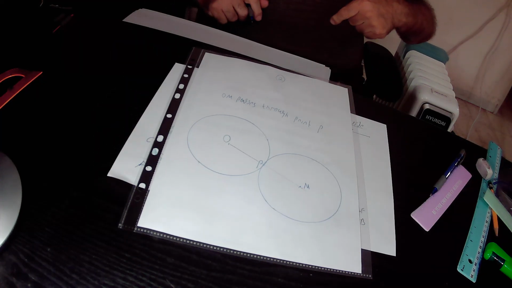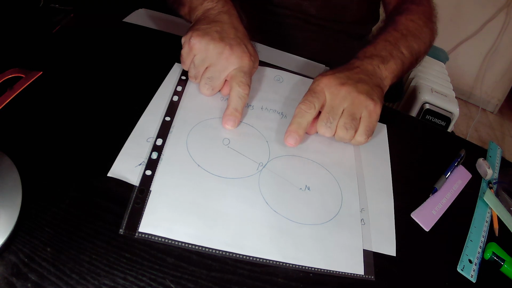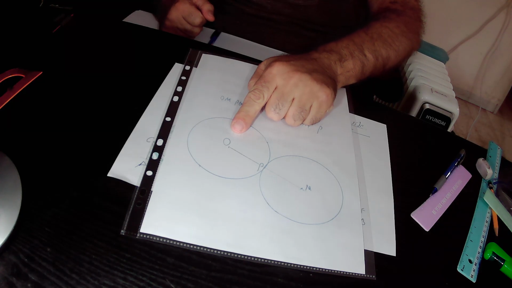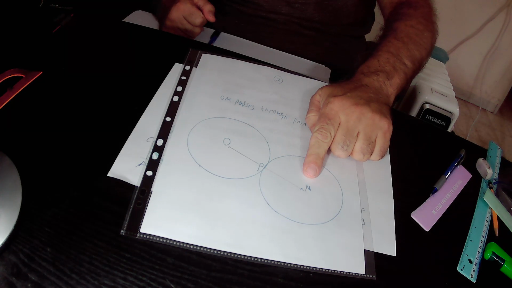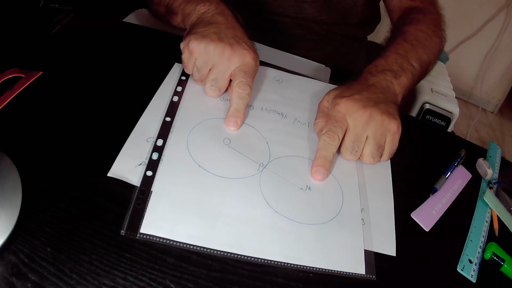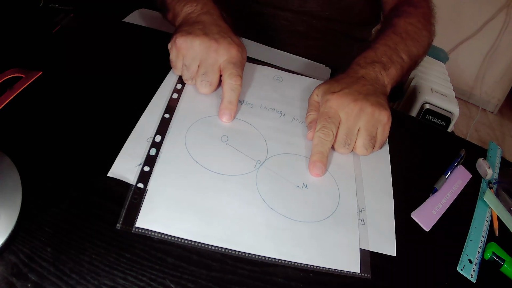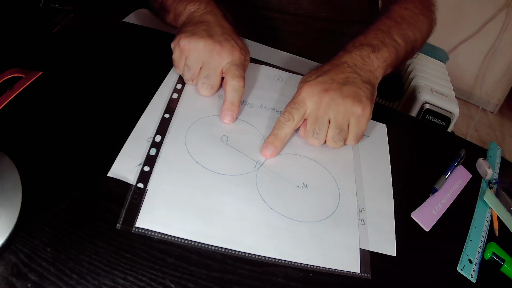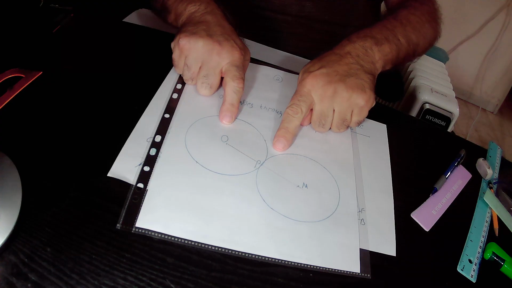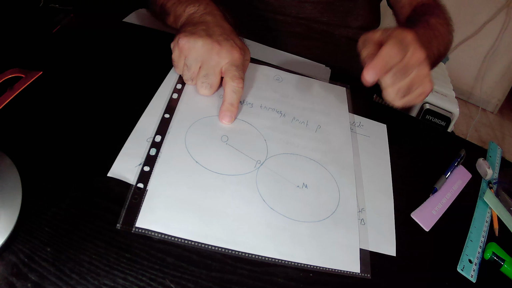Now we have two circles that touch each other externally at point P. The center of this circle is point O and the center of this circle is point M. The straight line connecting the centers is the line OM, and according to Rule 10, OM must pass through their touching point P. Or OPM is one straight line.